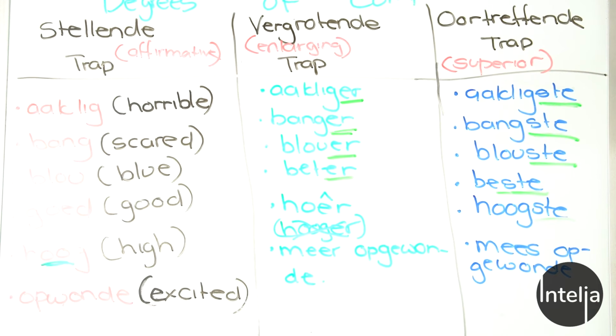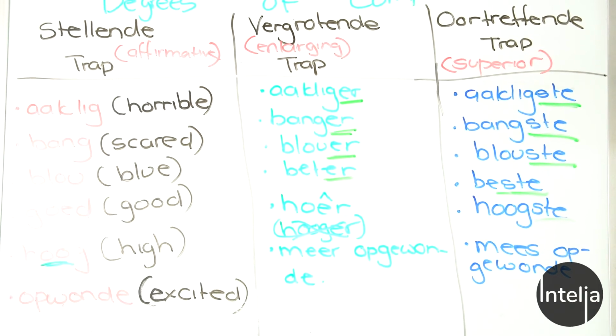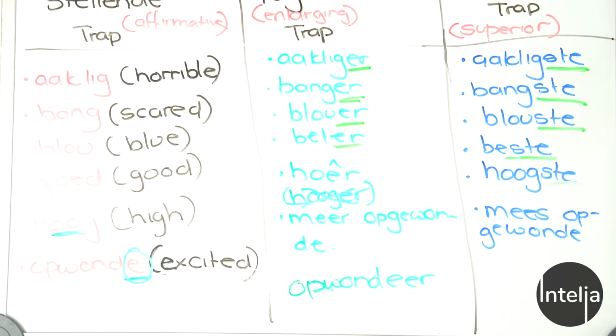Okay, now we're on to another exception. Opgewonde, which means excited. You can't say opgewonde ends with an E. Do you see that? So what are you gonna say? Opgewonder, or you're gonna spell it differently?